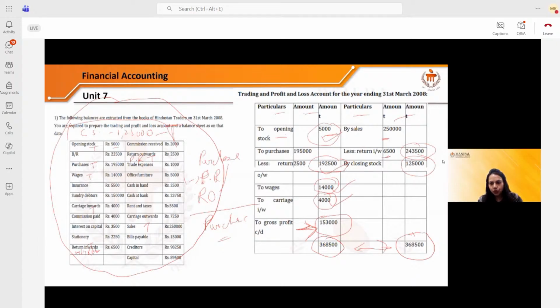Where did you share the list? Okay, I will share the list again. Then maybe you will be able to understand more clearly. Just wait. Let me share the list.